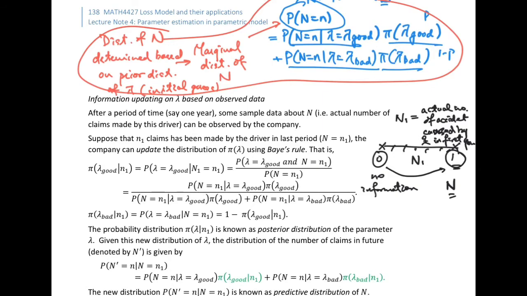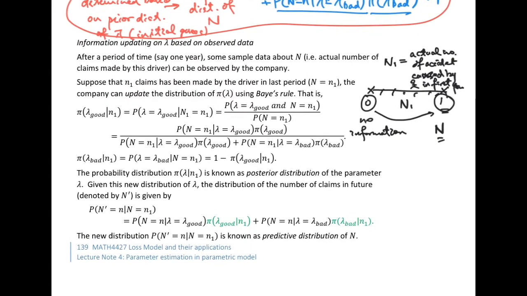So for example, let's say I find that N1 is equal to 0, so no accident caused by this driver. Then from the company's point of view, they will think this driver is likely to be good, isn't it?